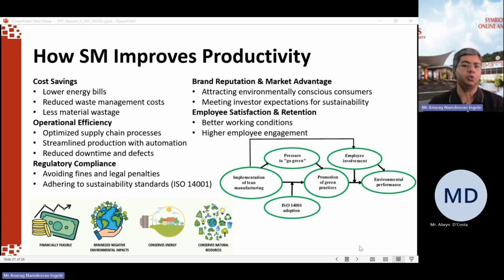What are their sustainability goals? And that, as a consumer, creates a huge impact in my mind. If I am environmentally conscious, and more consumers are becoming environmentally conscious, right? So they are using that to build on their brand reputation, and it definitely creates a market advantage for them.